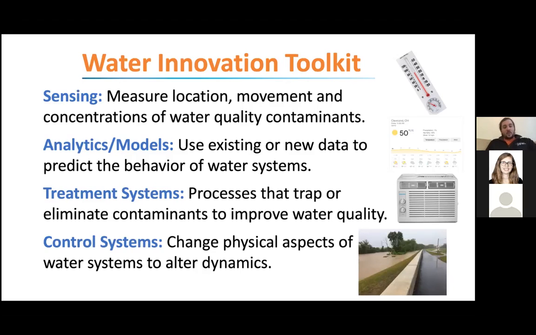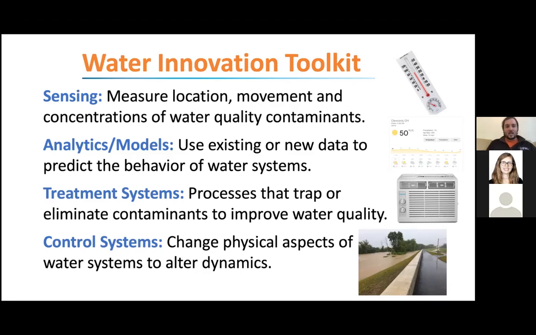And then there's control systems, which are focused more on changing the physical aspects. The example I brought in here is a levee. If we know from a sensor, for example remote sensing from a satellite, that a hurricane is coming, we might want to build a levee higher, for example, changing that physical system to try and prevent negative impacts from happening.